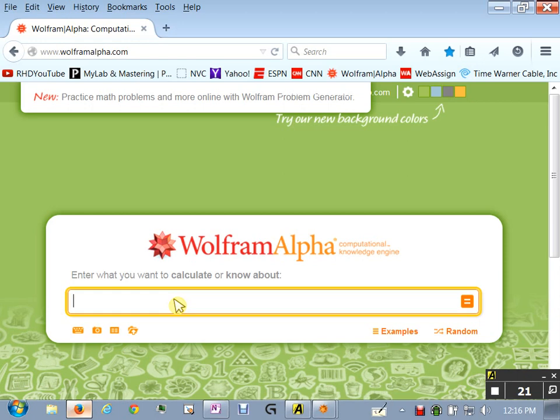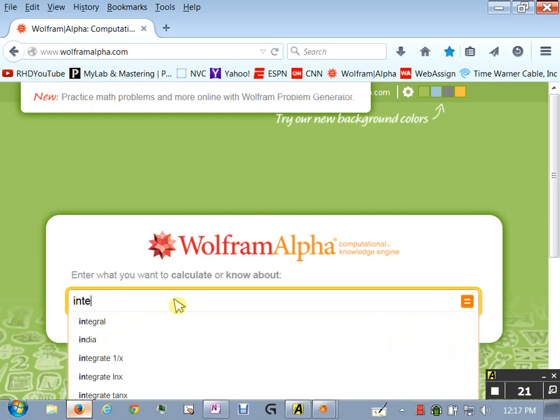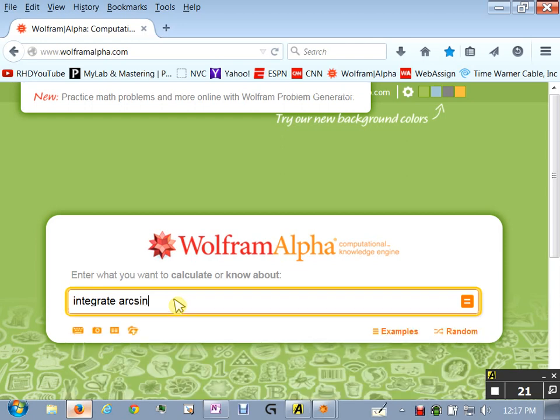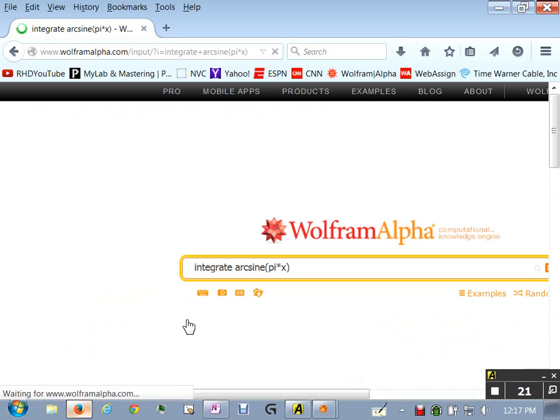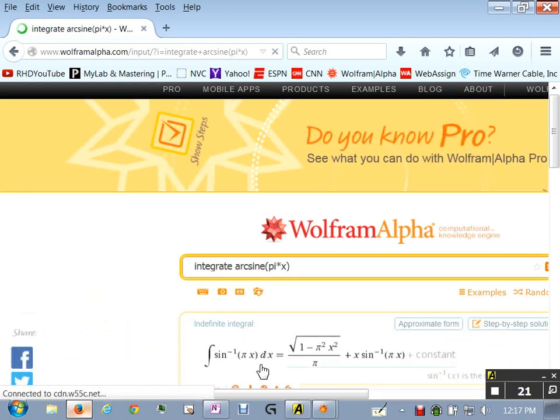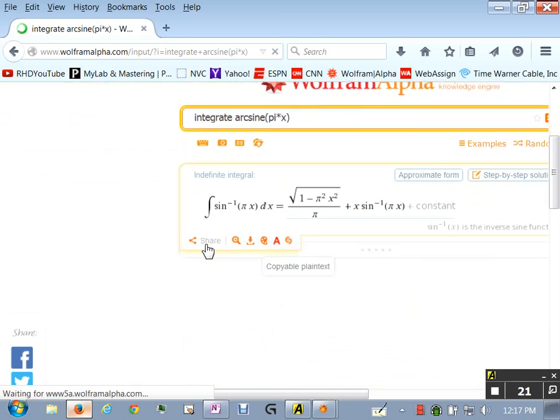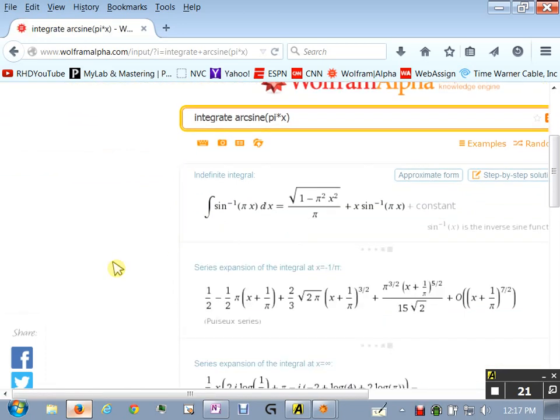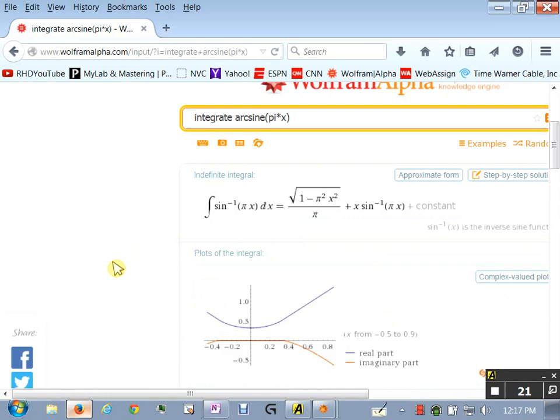So if I want to integrate arc sine of pi times x, let's see what happens here. There it is. That's what we got: x arc sine pi x plus 1 over pi square root of 1 minus pi squared x squared plus a constant.